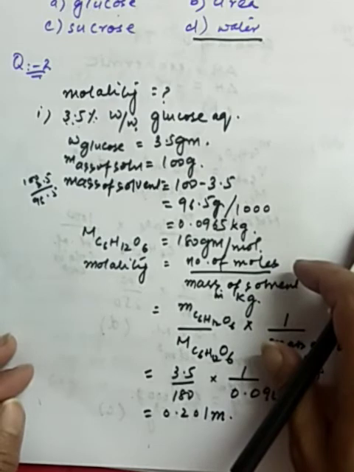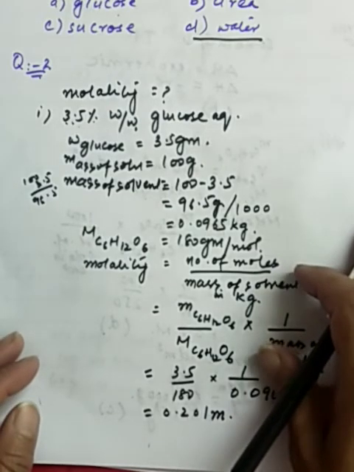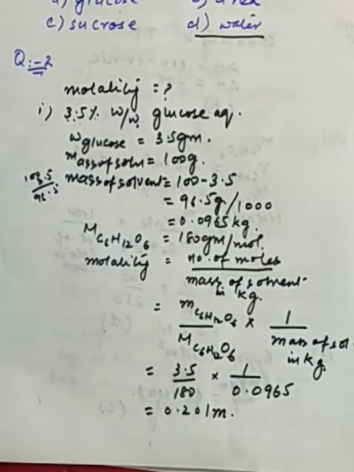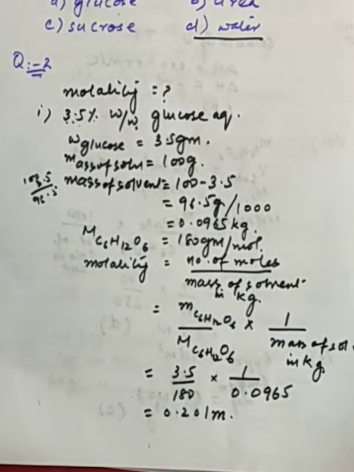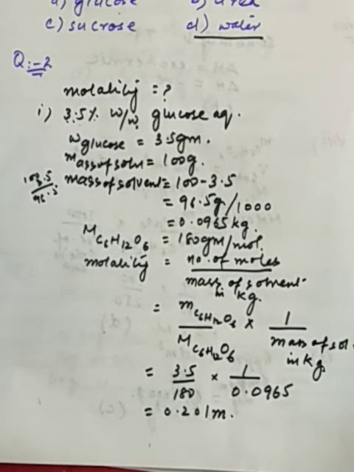Glucose, urea, and sucrose all are solutes. Water is a liquid at room temperature and has weaker forces, so water is a volatile substance as compared to glucose, urea, and sucrose.